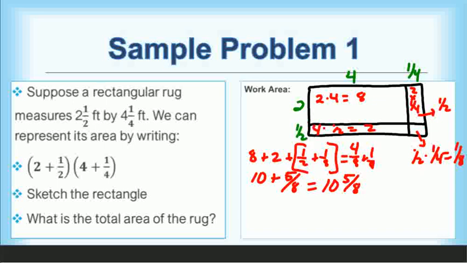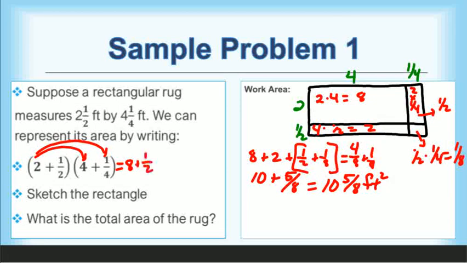That would be one way of solving the area of the rectangle. If we were to use FOIL, we would multiply the first term by the first term here, and that would give us 8. 2 times 1/4 would be 1/2.